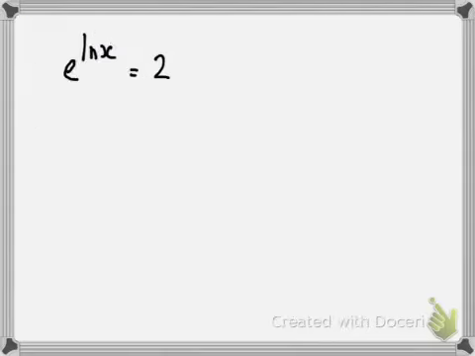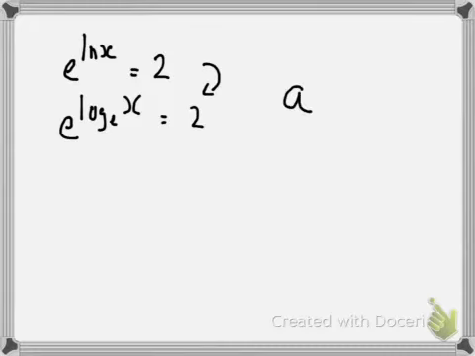Okay, next question. e to the power of log, natural log x equals 2. So I've changed the terminology there from ln x to log x to the base e. There's a little rule that I want to introduce you to, it wasn't one of our rules before, so please take note of this: a to the power of log x to the base a equals x.